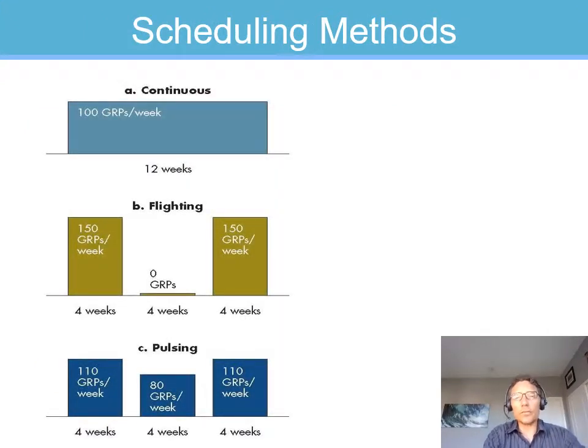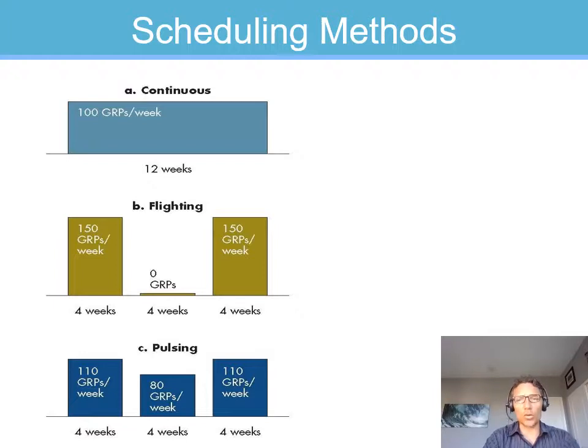This slide gives you a visual of some of the more common ways of scheduling media: continuous, flighting, and pulsing. So continuous just means you run your ads all the way along for a straight block of time, and it's the same each week. Here we see you're running an ad at 100 gross rating points per week for 12 weeks straight.